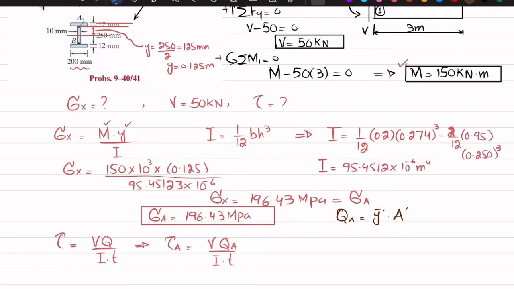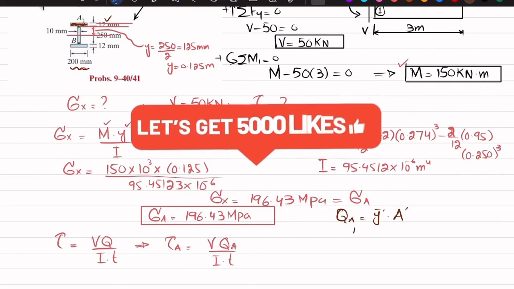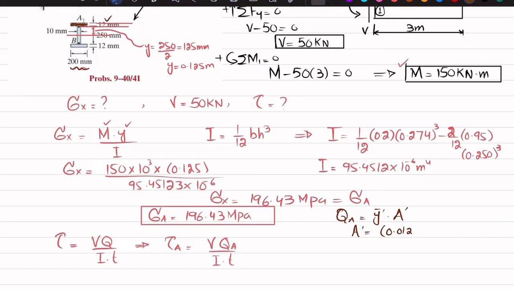So A dash is this area which I am going to shade. So this area is A dash. Its width is 200 millimeter and thickness is 12 millimeter. So first I will calculate A dash. A dash is equal to thickness, which is 0.012, and width is 0.20 meter, which is 200 millimeter.